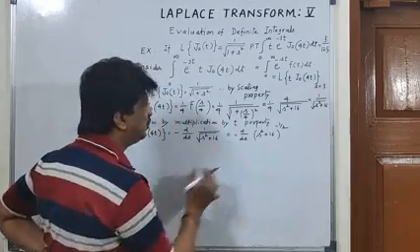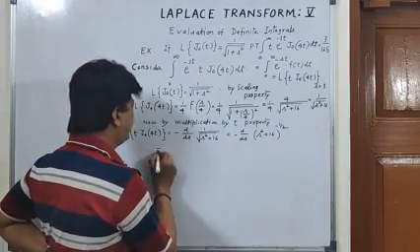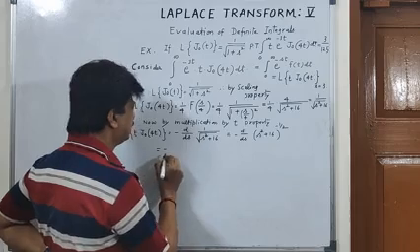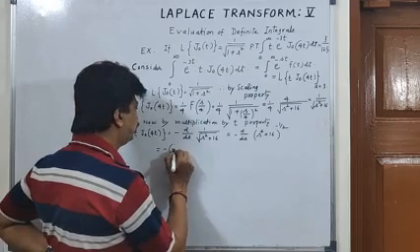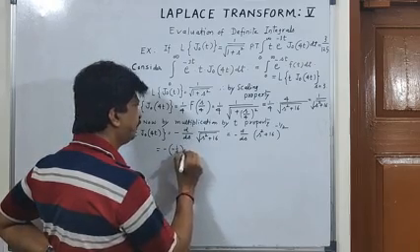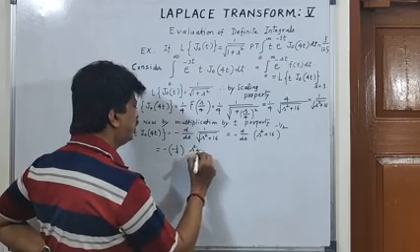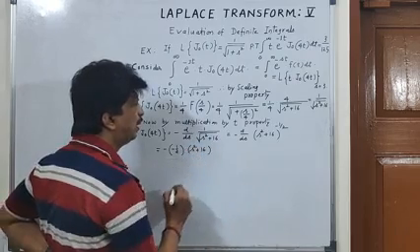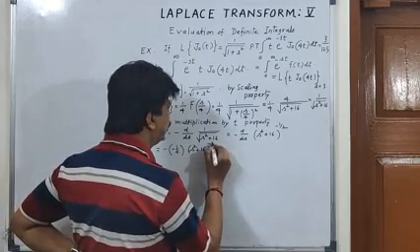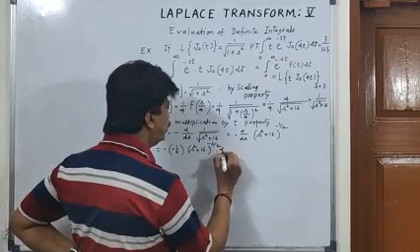Differentiating with respect to s, that is equal to minus into minus 1 by 2 into (s square plus 16) raised to power minus 3 by 2 into 2s.